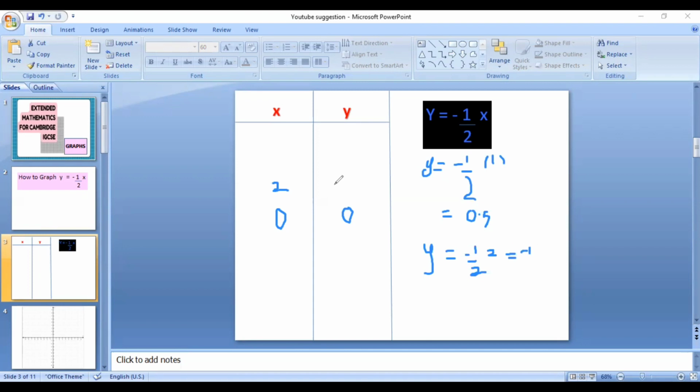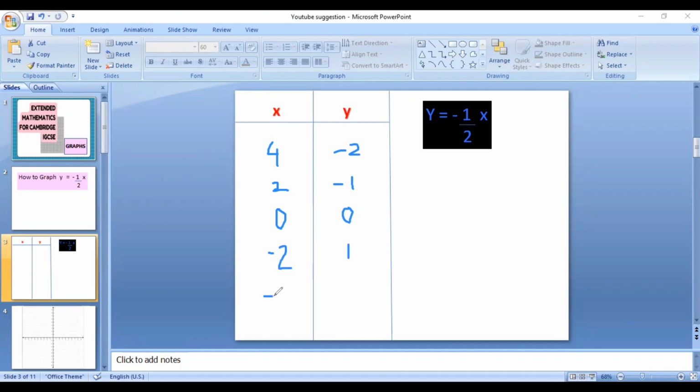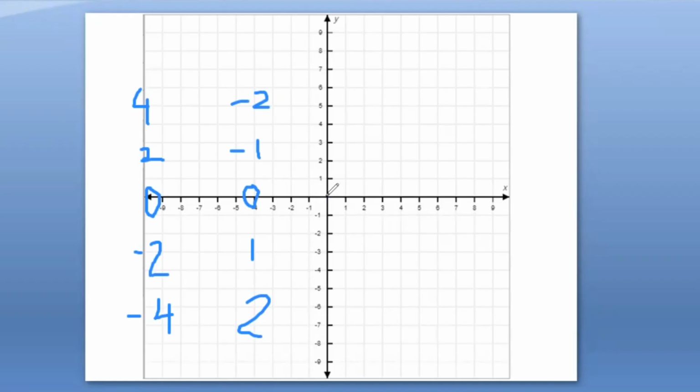Then I select 4 and I get minus 2. Now I select some more numbers: minus 2 gives a positive 1, and then minus 4 gives us positive 2.